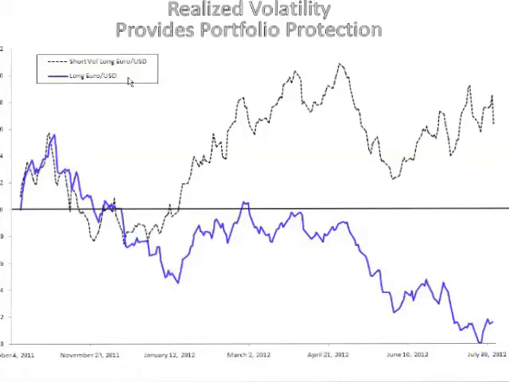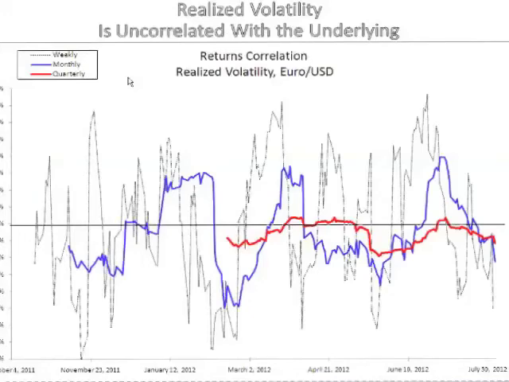An advantage of realized volatility, and this slide is simply a previous slide, but enhanced, is that it is uncorrelated with the underlying. That is, the correlation between realized volatility and the euro dollar is very limited. And that means that over the long run, you can use this as a hedge when you're making positional bets on the underlying.